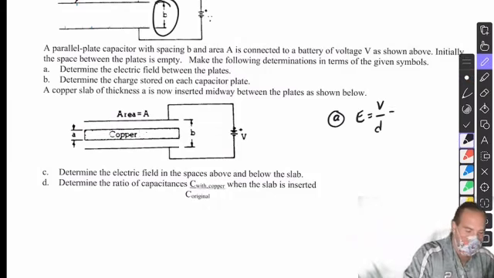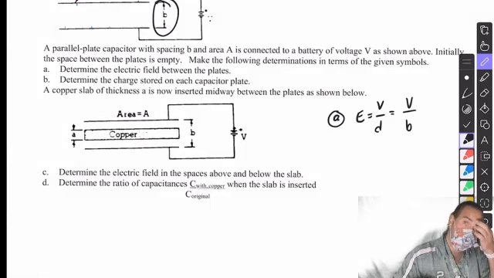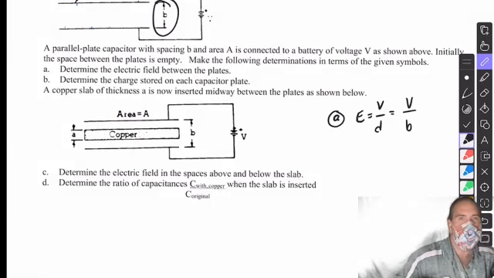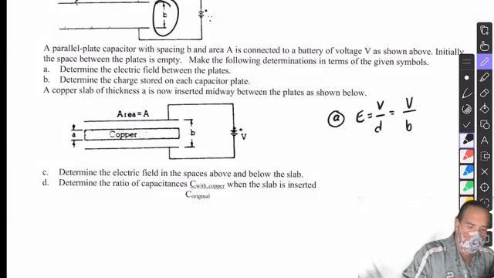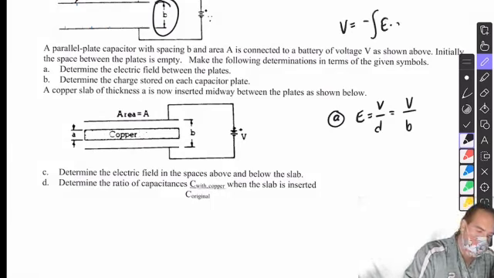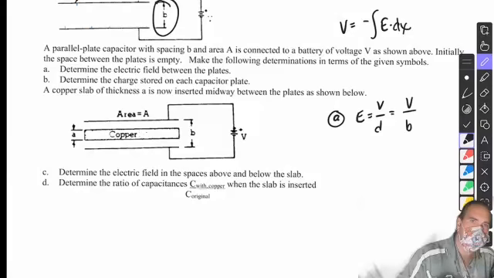What's that? So you're saying the formula sheet is this, right? No, I'm saying the formula sheet is E equals negative dV over dx.